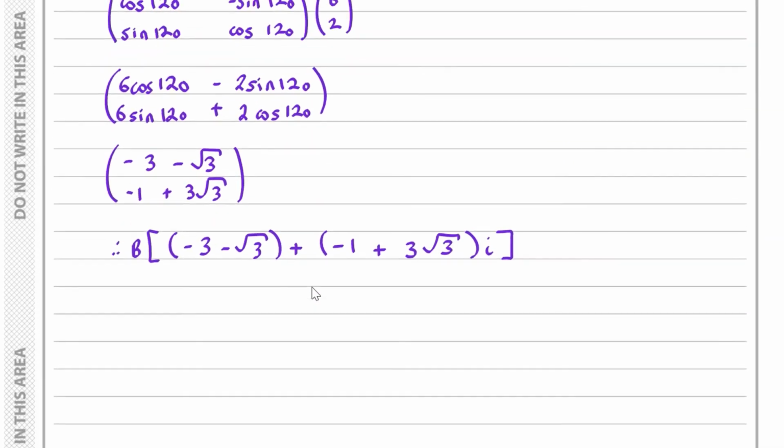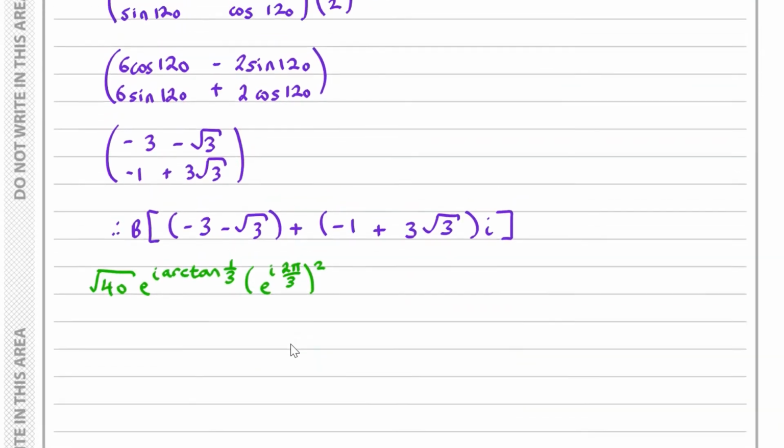So if we consider the other coordinate, we have root 40 e to the i times the inverse tangent of 1/3, and then we multiply this by e to the i 2 pi over 3 squared.